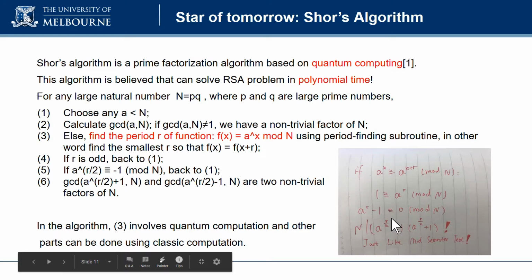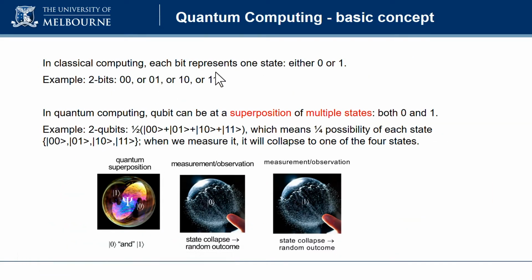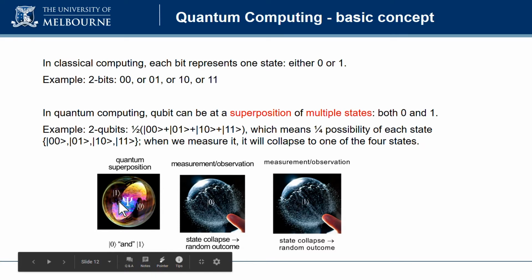We use quantum computing. In classical computing, each bit is in one state, either 0 or 1, but in quantum computing it can be both. It's called a superposition. So look at this superposition: it's both 1 and 0.